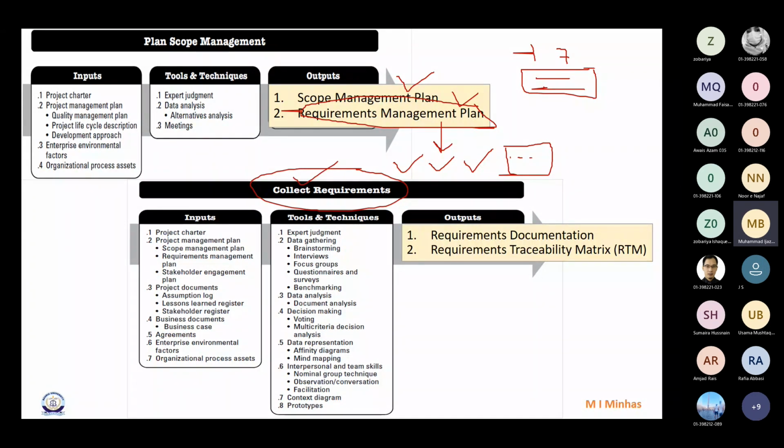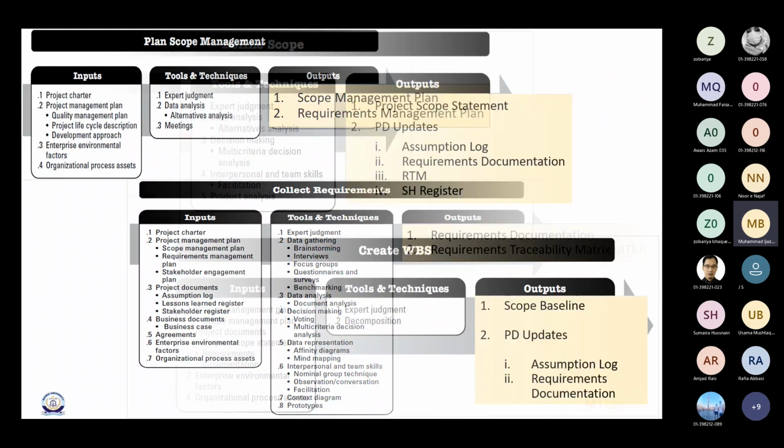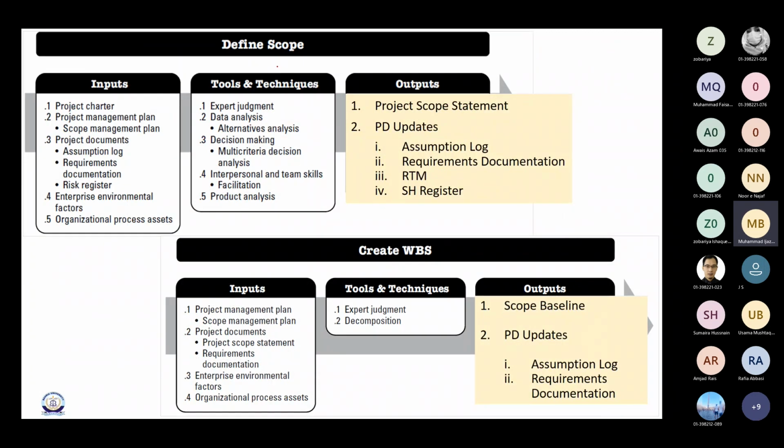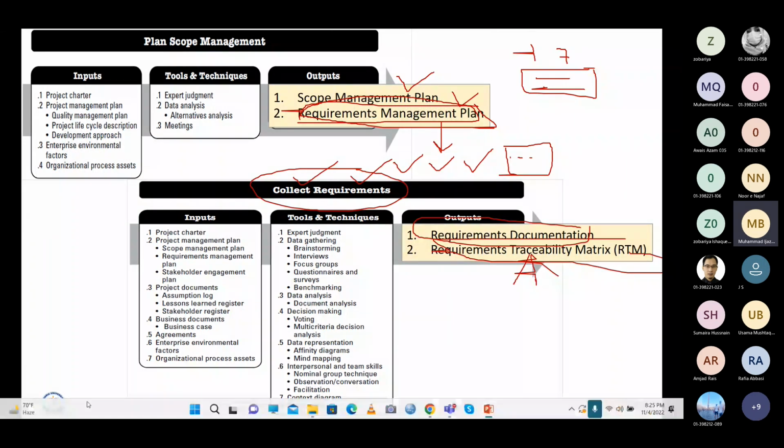Based on these guidelines, I will collect the requirements, prepare the requirement documentation, and prepare a requirement traceability matrix, right? In the requirement traceability matrix, we covered a lot of details. After that, once we gathered the requirements, we started defining the scope. But how will we define the scope? The guidelines that I will get about defining the scope will be written where?